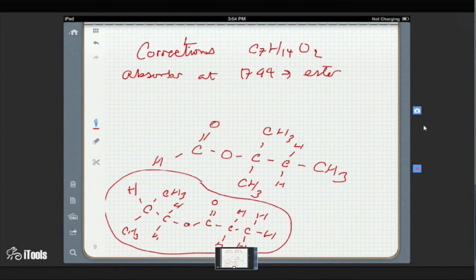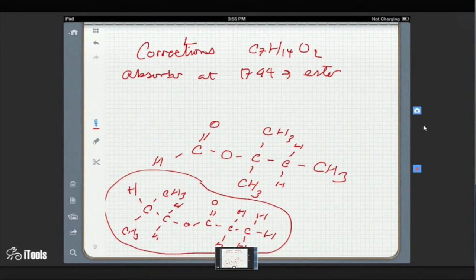And then this CH2 has to be next to the CH2 that's really electronegative. That CH2 is a quartet, so it has to be next to a methyl. And that's there. This CH2 here is a quartet, so it has to be next to CH3.